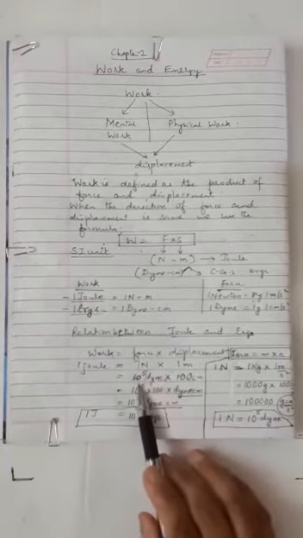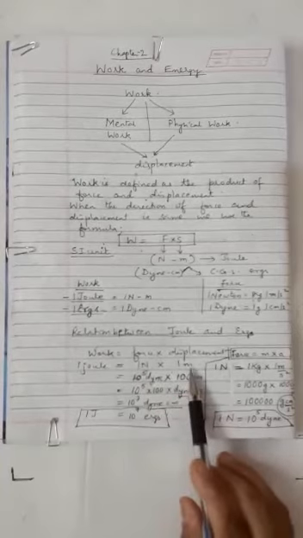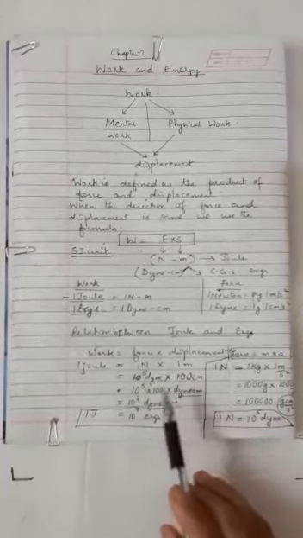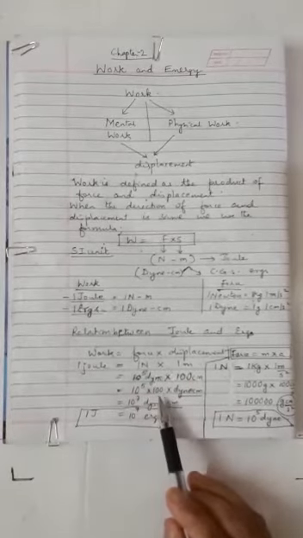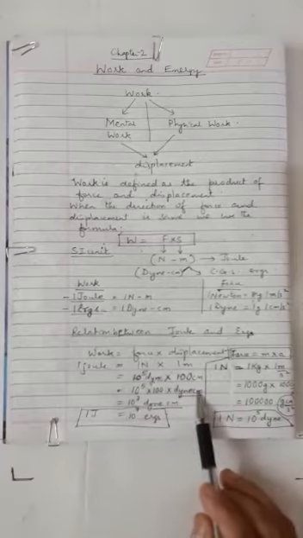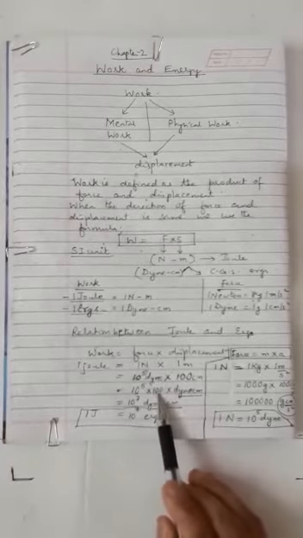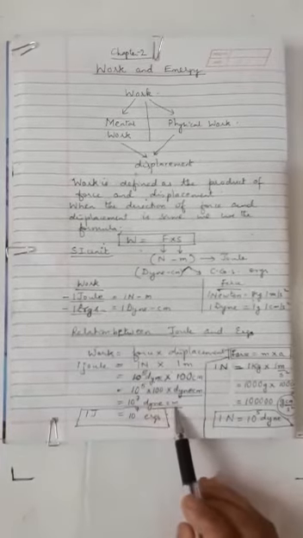So in place of 1 Newton, I can write 10 raised to 5 dynes, and in place of 1 meter, I can write 100 centimeters. Correct, children? Now this is already 10 raised to 5 dyne centimeter, so with 5 zeros, and we add 2 more zeros. So it becomes 10 raised to 7 dyne centimeter.